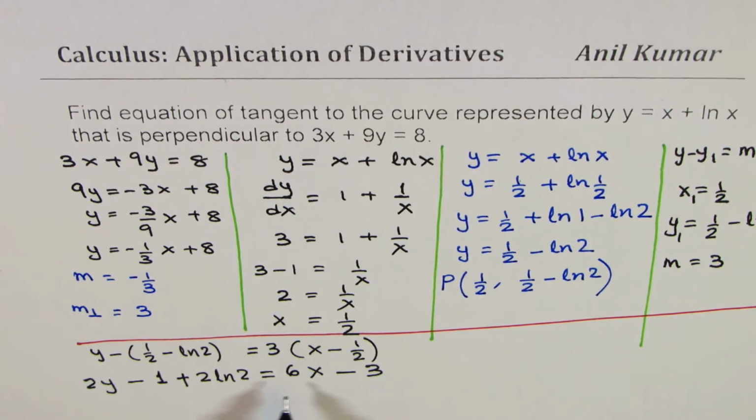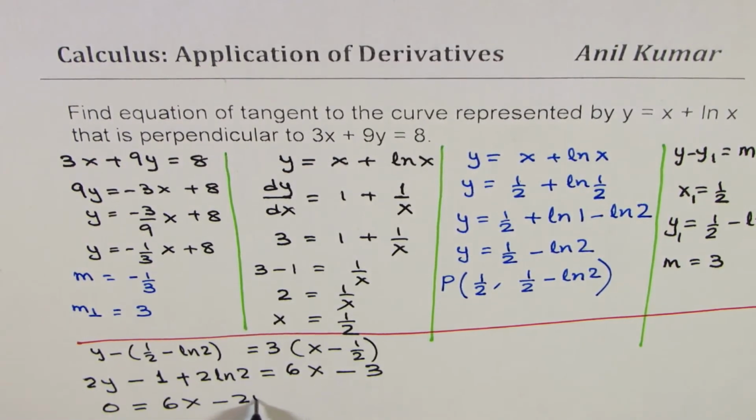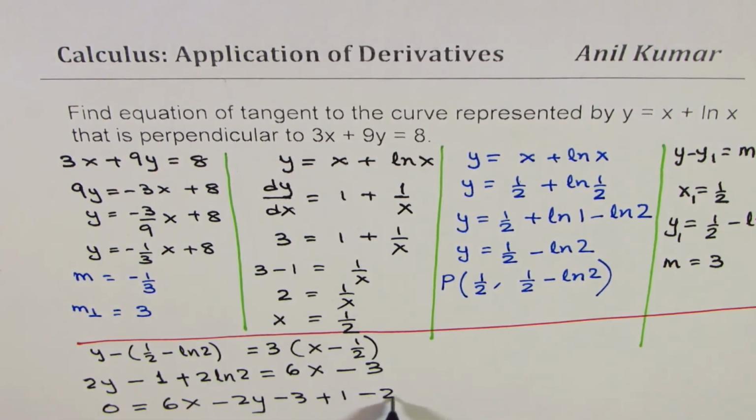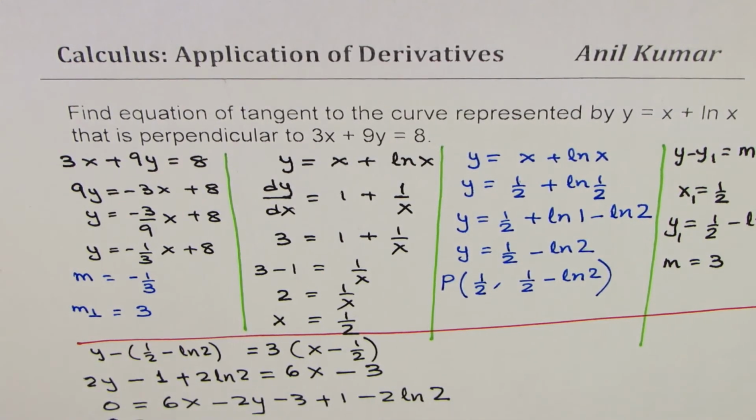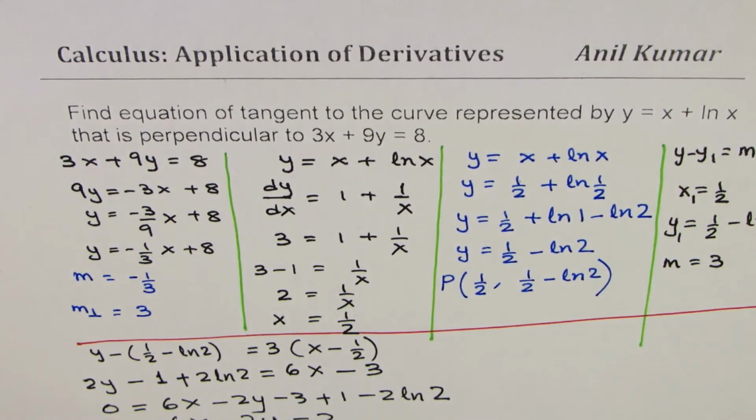Now we can reorganize, bringing all these terms to the right. So we get 0 = 6x - 2y. We already have -3. Bring 1 here, we get +1 - 2 ln 2, right? So that gives us 0 = 6x - 2y - 2 - 2 ln 2.